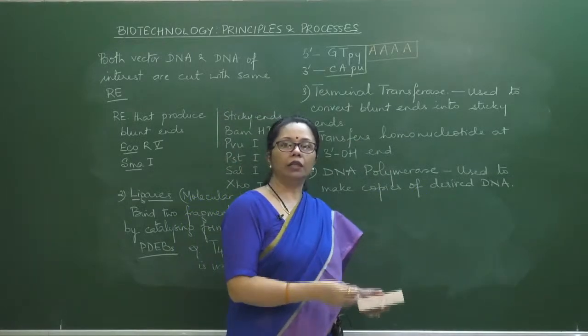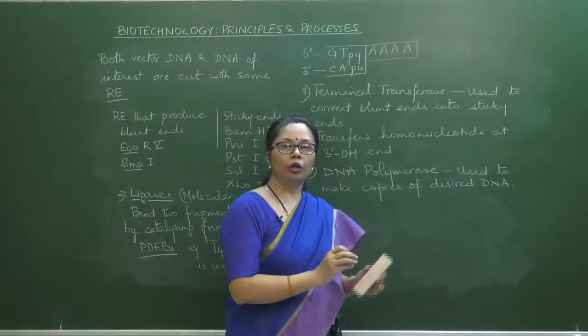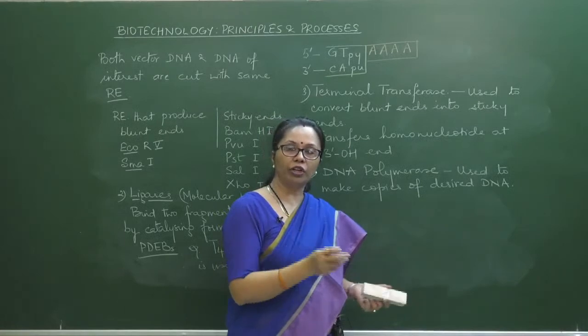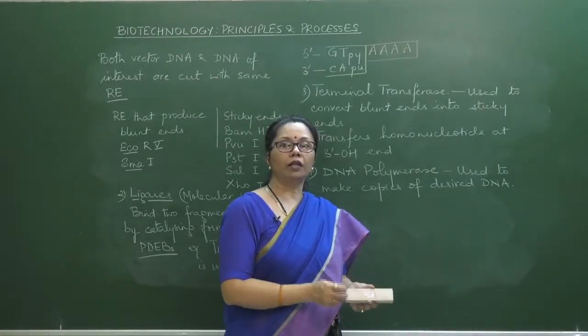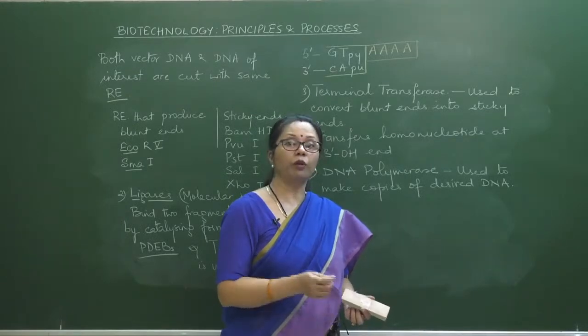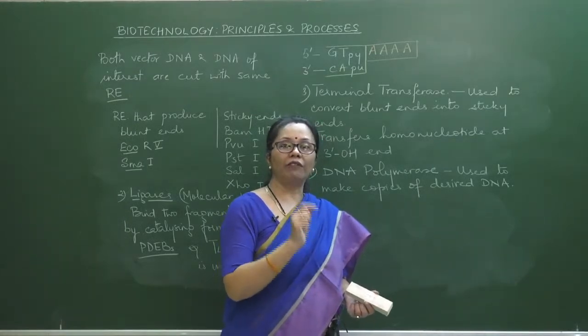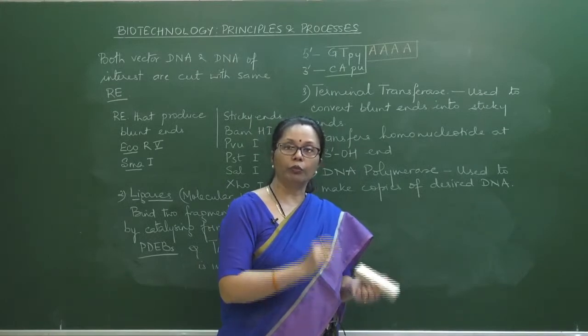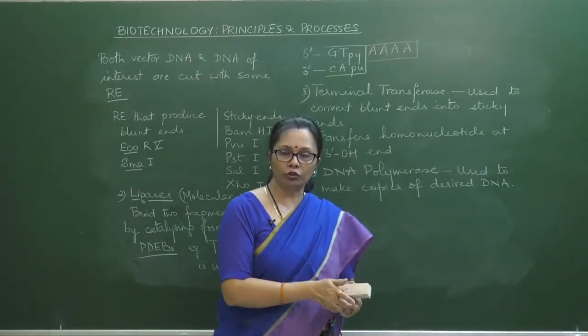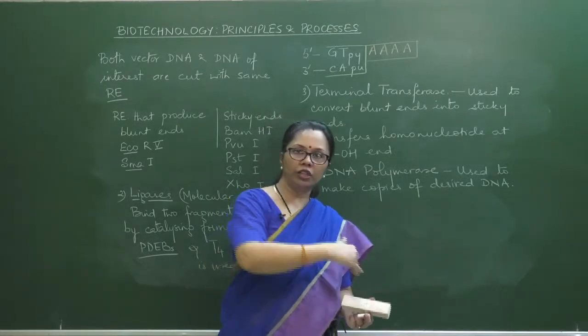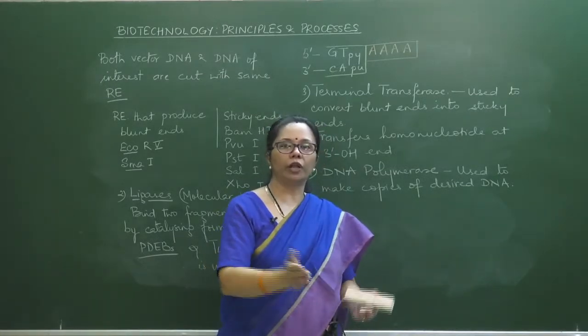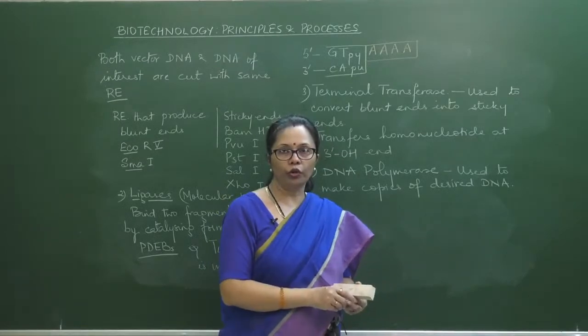So you have studied that in prokaryotes there are 3 of them, that is DNA Pol 1, Pol 2, Pol 3. Out of that, Pol 3 is very fast, but Pol 1 has an exonuclease activity also, because it keeps on proofreading also. So as soon as a wrong nucleotide is attached, it will go in the reverse order, remove that nucleotide so that the correct nucleotide can be attached.